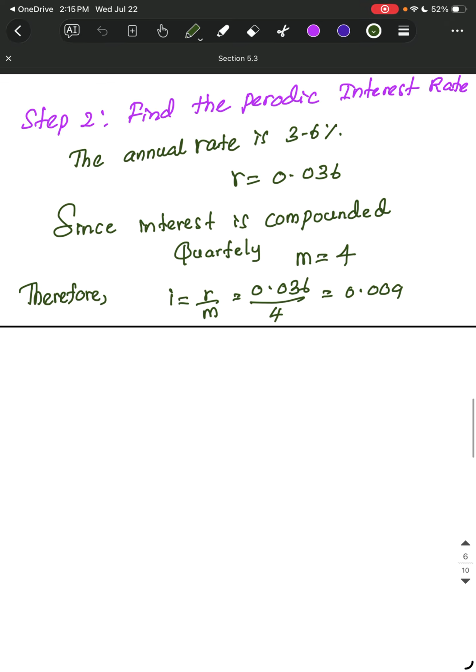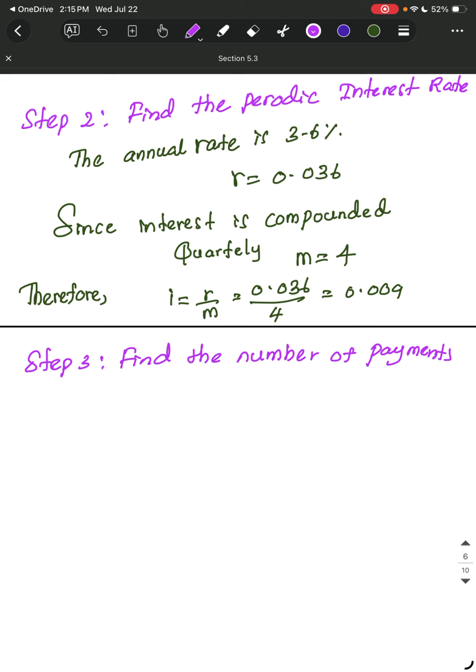Step 3, find the number of payments. There are 4 quarters per year.